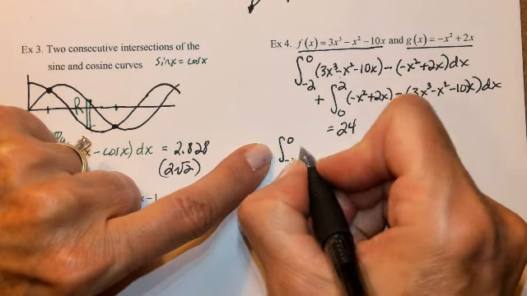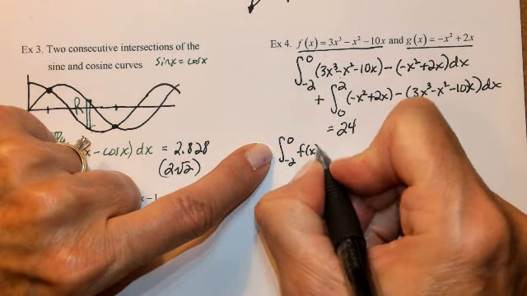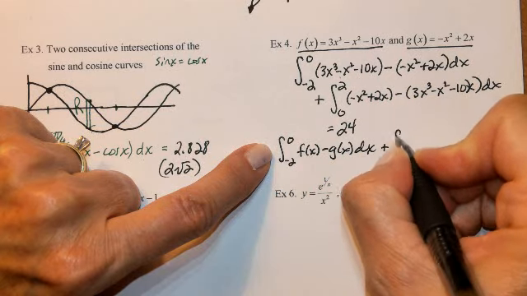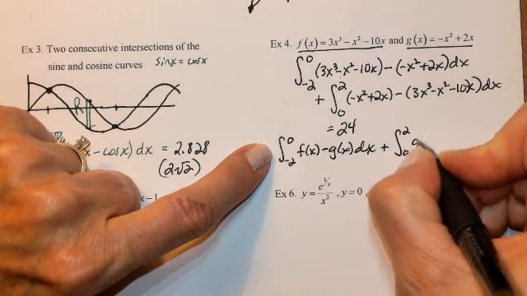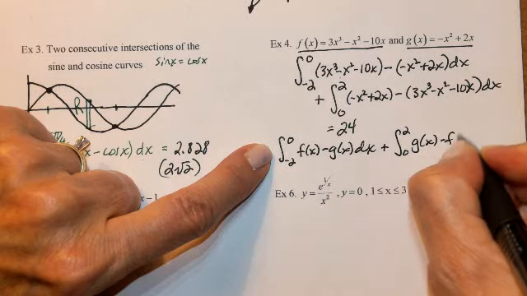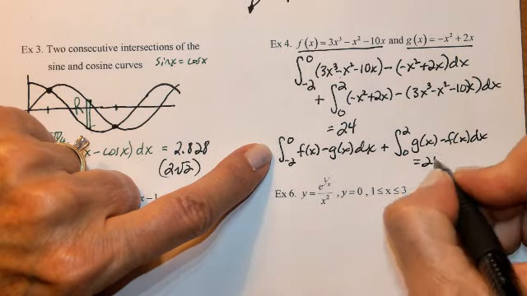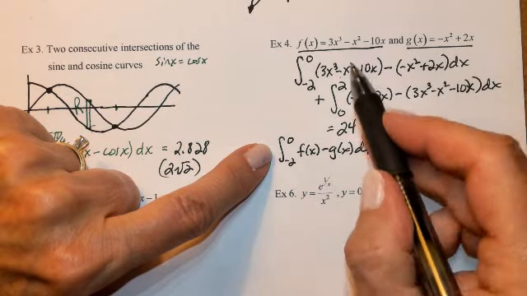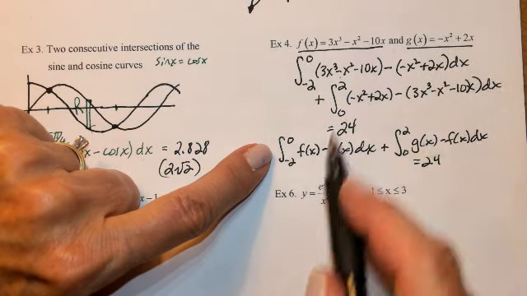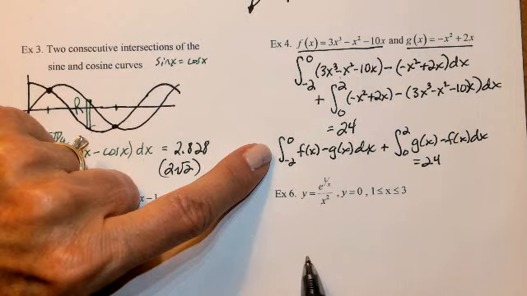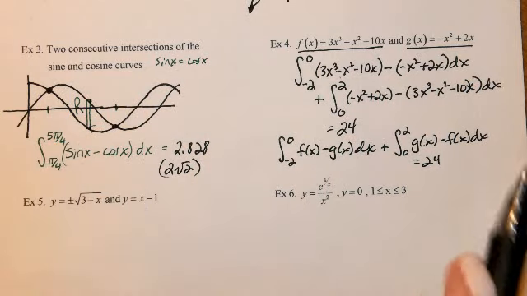I would have written this as the integral of f of x minus g of x dx plus the integral 0 to 2 of g of x minus f of x dx is equal to 24. So if they name these for you, you can use those names in your answer. Okay? Sound good?